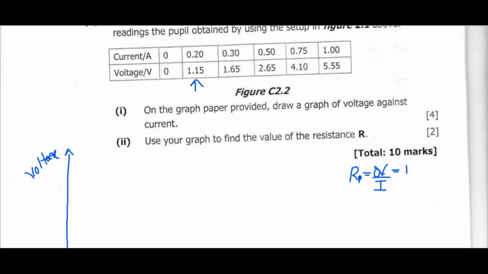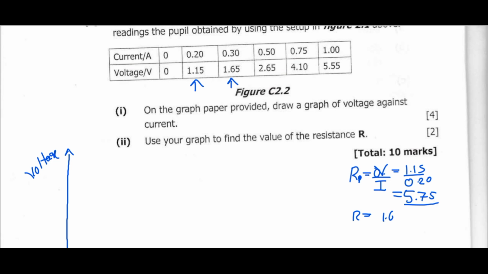So what is our voltage? 1.15 over 0.20. So 1.15 divided by 0.20. So I'm getting a resistance of 5.75. Okay, let's try to calculate another resistance, but let's use this point now.